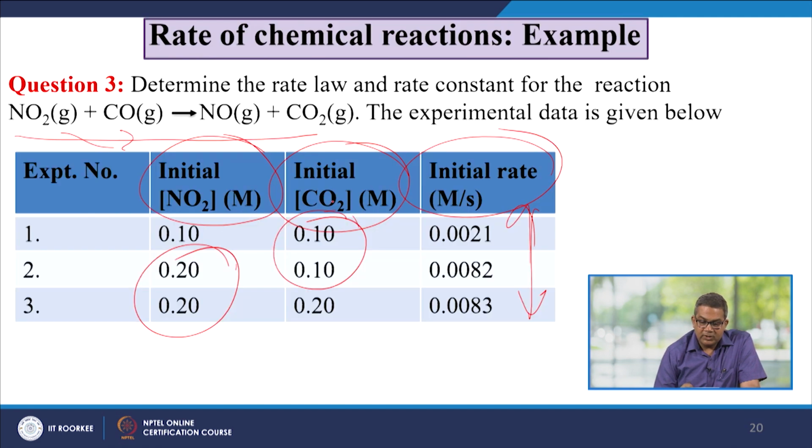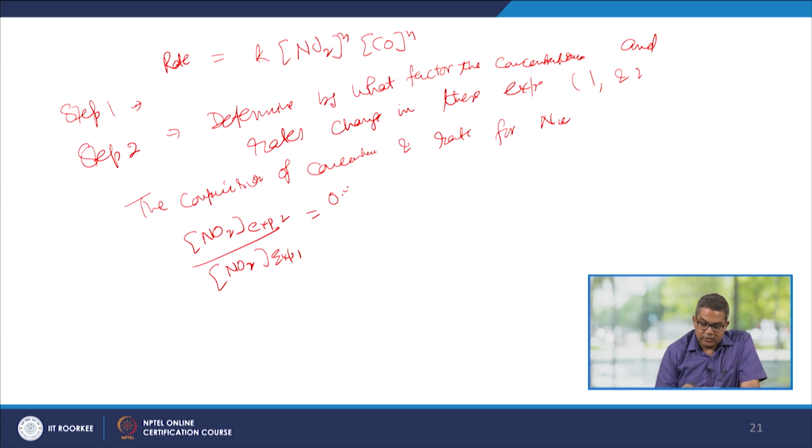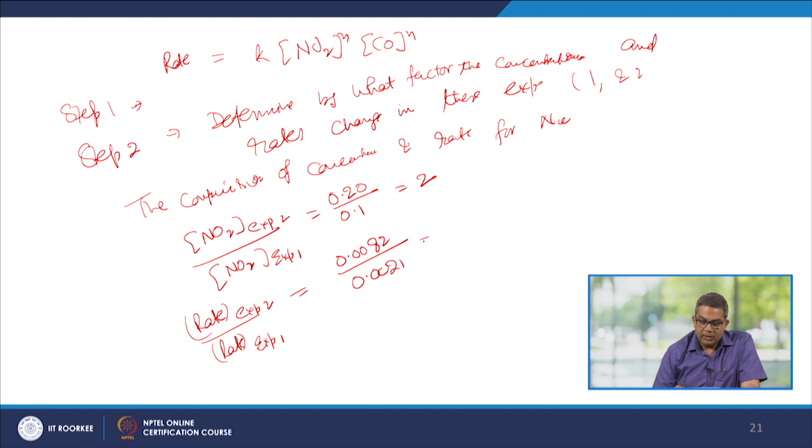This comes out to be 0.20 over 0.10. Similarly, the rate for experiment 2 over rate for experiment 1 comes out to be 0.0082 over 0.0021, which comes out to be 4.